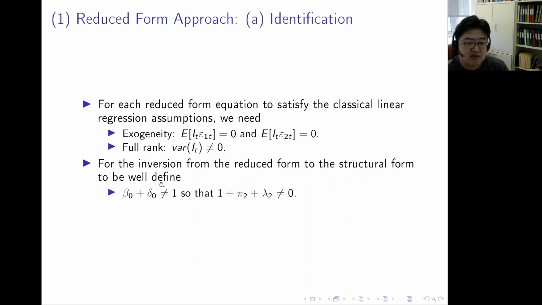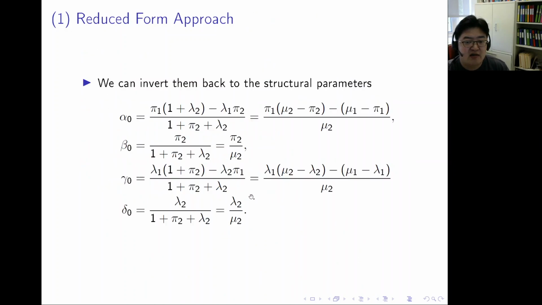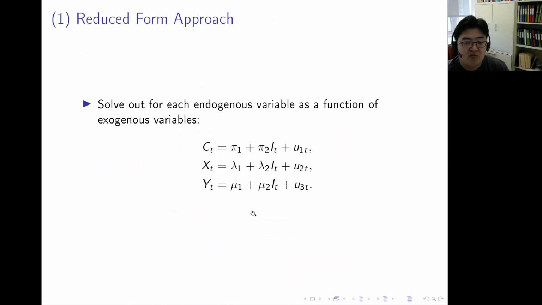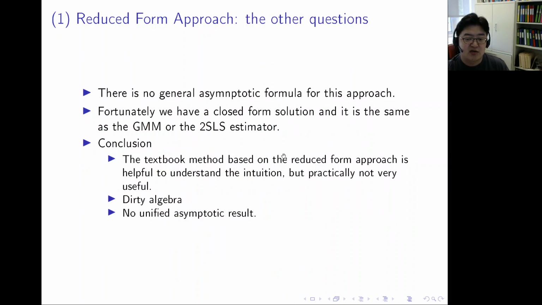I had to show you this assumption is required for the relevance assumption, right? So you can calculate the covariance between I and y. That means mu2 is non-zero. For mu2 to be non-zero, the denominator should be non-zero, right? So that is the covariance.